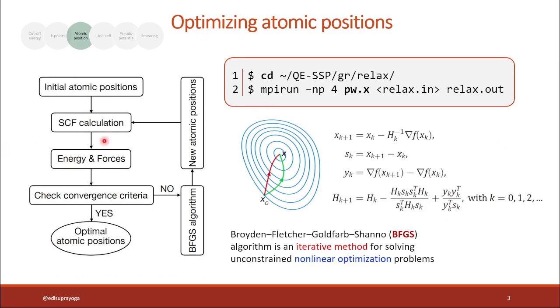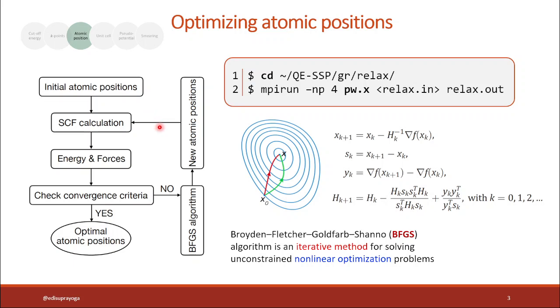In Quantum Espresso, the default algorithm for structural optimization is the BFGS algorithm, which was proposed by Broyden, Fletcher, Goldfarb, and Shanno. The BFGS algorithm is an iterative method for solving unconstrained nonlinear optimization problems. This figure shows the flowchart of the optimization of atomic position in QE.